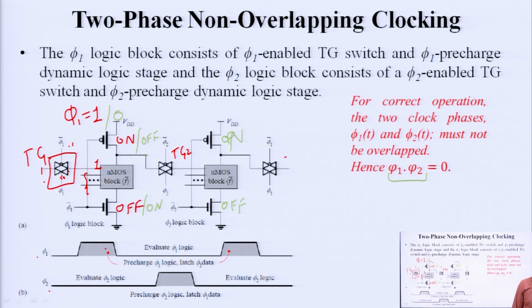In that case, whatever you have evaluated in stage 1 gets latched onto it while stage 2 is pre-charging. When pre-charging ends at stage 2, stage 1 starts to pre-charge and stage 2 starts to evaluate, and then that data is latched onto the next stage.